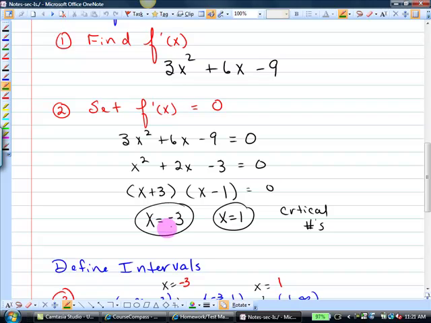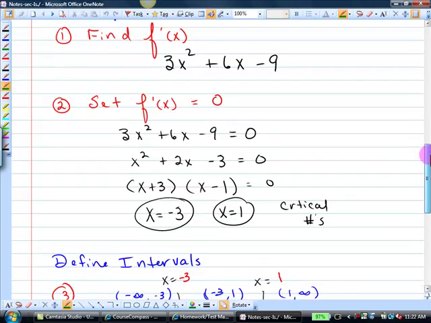So I did that, and I came up with -3 and +1. Those are the critical numbers. So what have we done so far? We took the derivative, we set it equal to 0, we solved for x, and we got our critical numbers. Okay? Everybody good with that?